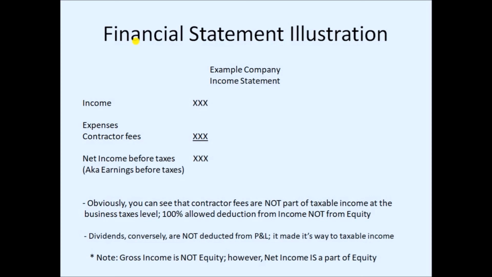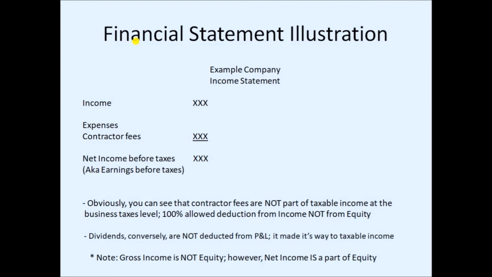Dividends, conversely, are not deducted from the P&L. The same with dividends, as we were talking about distributions earlier. Dividends are the same thing. You don't have a line item on the income statement that says dividends expense, and then use that as a strategy to escape being taxed on your dividends. That's not the case.